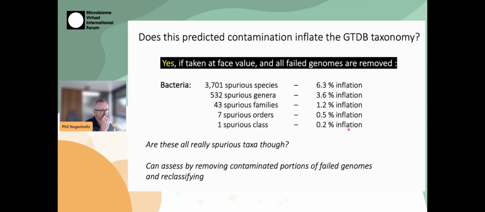So we wanted to ask the question though, are all of these spurious taxa actually spurious? And the way we went about this was by, rather than just removing the whole genome, which I think is the recommendation from GUNC, this is a bad genome, take it out of the running, we went to actually remove the contaminated portions of the genomes and then reclassify the clean genomes.